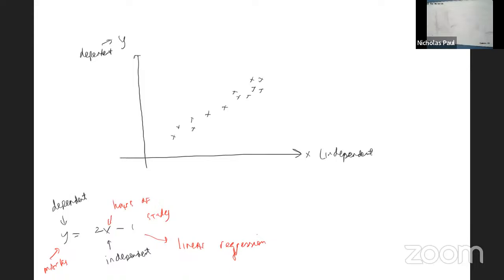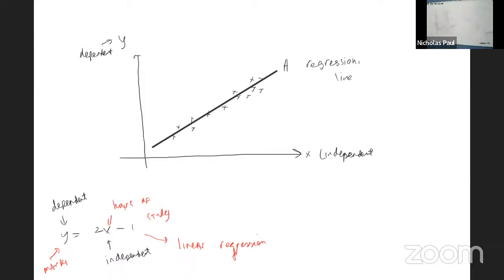That is called a directly proportional relationship. If I were to draw a line there, that line, of course, is a regression line. We're building up to that.